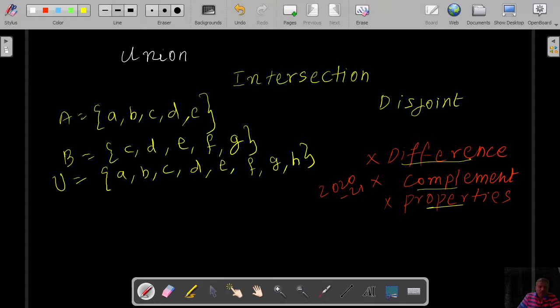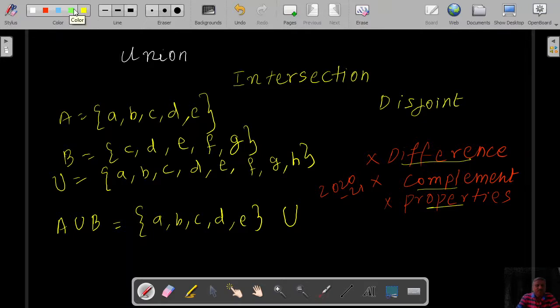So first of all, what is A union B? A union B, what we will do is A, B, C, D, E. I wrote this, and union, if you recall, this is the symbol for union, and I will write the other set also. What is the other set?